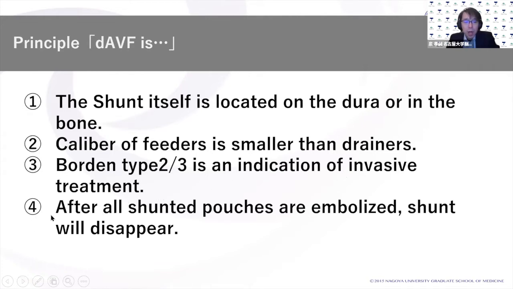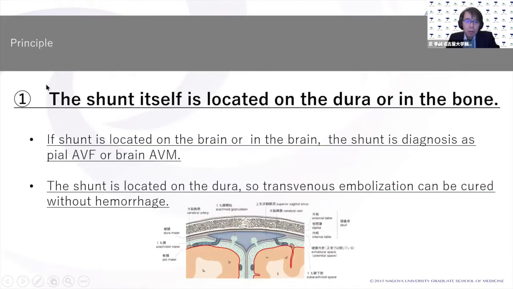Fourth, after all shunted pouches are embolized, the shunt will disappear. The first point: if the shunt is located on the brain or in the brain, it is diagnosed as pial AVF or brain AVF. If the shunt is located on the dura, transvenous embolization can cure it without hemorrhage.